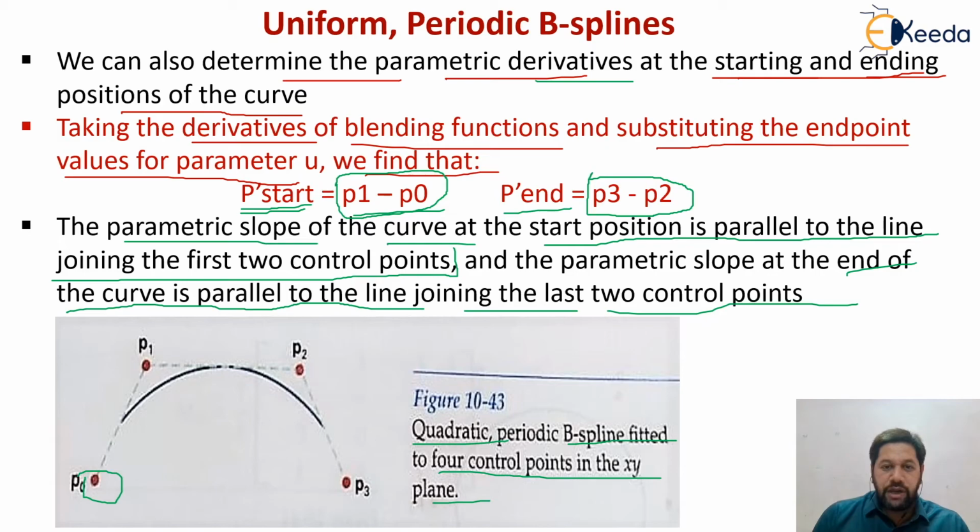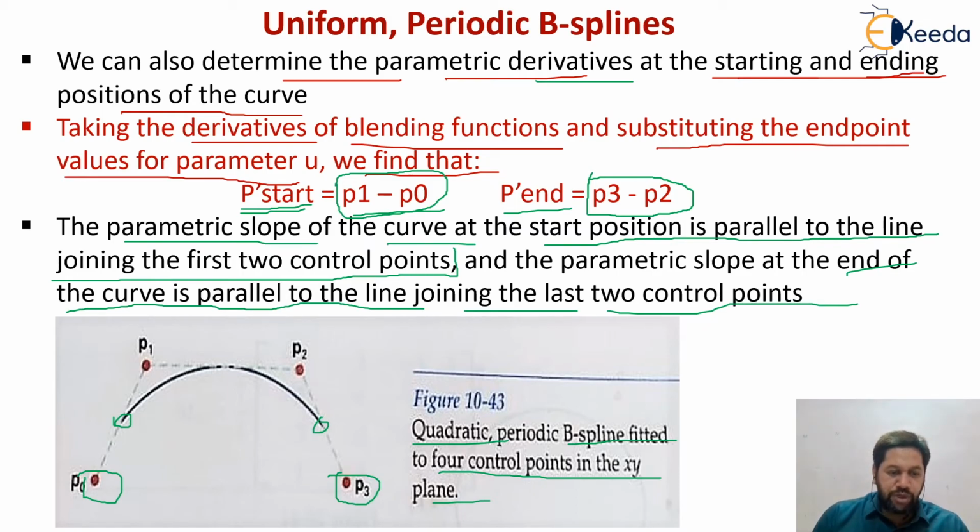I have changed the derivative function at the starting point as well as at the end point, and I'm considering the difference of these two, meaning P1 minus P0. So somewhere the difference is coming. Suppose I consider it here: this is my starting point and this is my end point of the curve. The parametric slope of the curve will be changed.